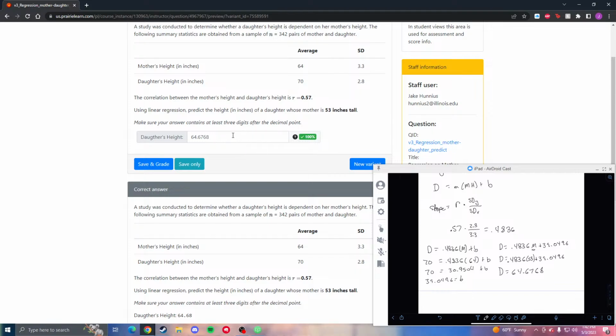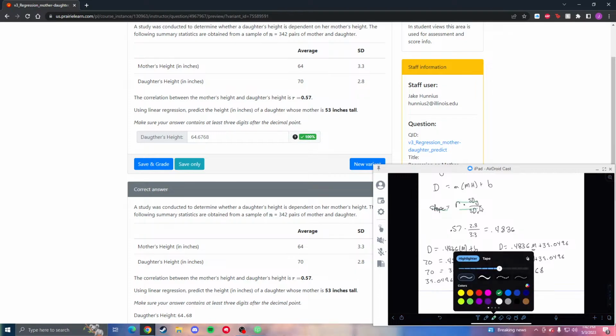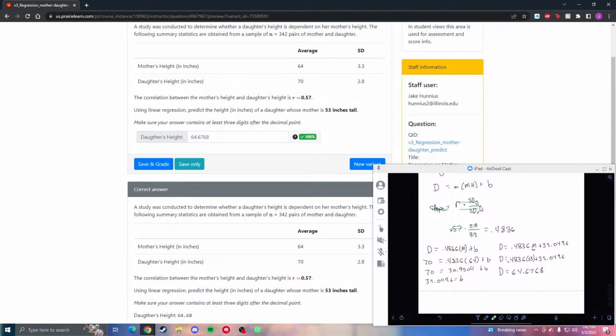So this is a kind of difficult question. It's a multi-step process. First, you want to calculate your slope, which is shown in this step. Step 2 is to calculate our y-intercept, which we do by using our averages to get our y-intercept of this.